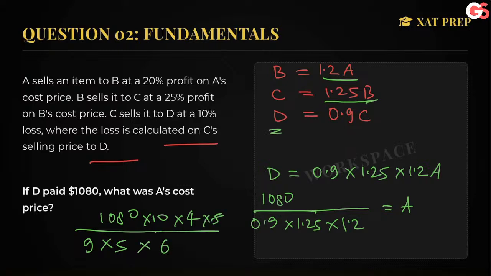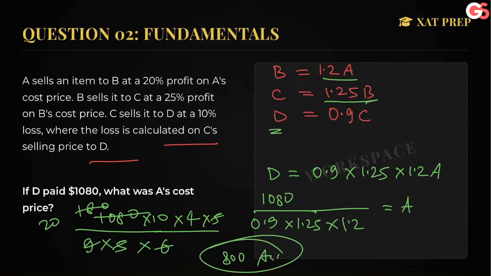So 5 and 5 cancel out. 6 ones are 6, 6 eights are 48, 6 zeros are 0. So we get 7200 by 9. Okay? 9 into 20, so 800 is your final answer.